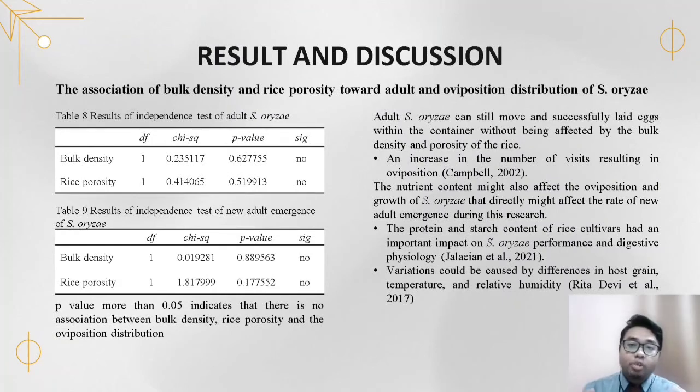This is because an increase in the number of visits results in oviposition. And also, the nutrient content may also affect the oviposition and growth of SRIZ, which directly might affect the rate of new adult emergent during this research, as the protein and starch content of rice cultivars had an important impact on SRIZ performance and digestive physiology. And also, the variation could be caused by differences in host grain, temperature, and relative humidity.